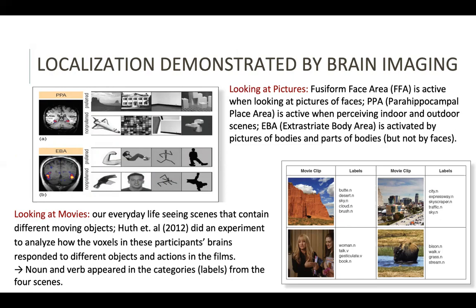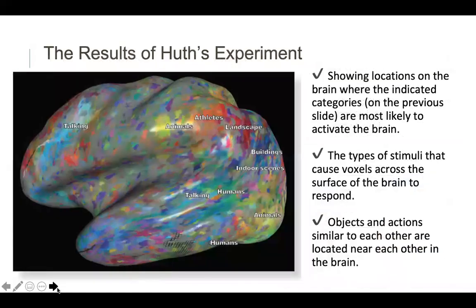The nouns and verbs appear as the categories or labels from the scenes here. And from Huth's experiments, brain imaging shows the types of stimuli that cause voxels across the surface of the brain to respond.